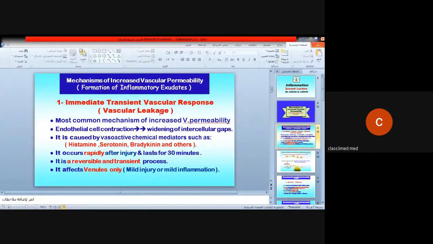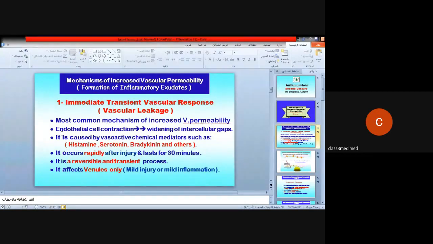It means immediately after injury, the vascular leak occurs, transient for a short period.